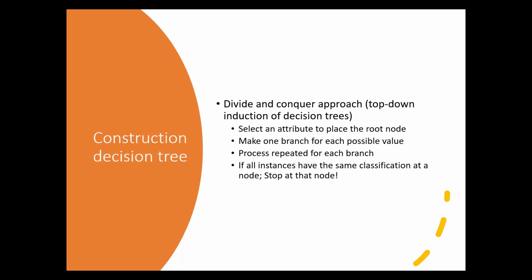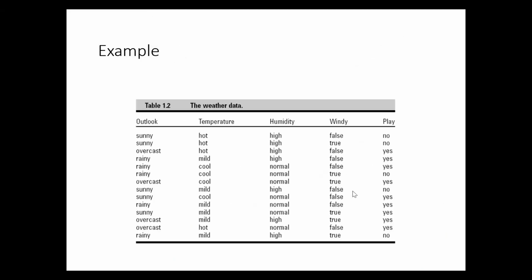First, we decide which attribute to place at the top of the tree, which we call the root node. In our weather dataset we have 4 attributes: outlook, temperature, humidity, and windy. Finally, we need to predict the class, the play attribute, which consists of yes and no. Given this dataset, we need to create the decision tree we have seen earlier.